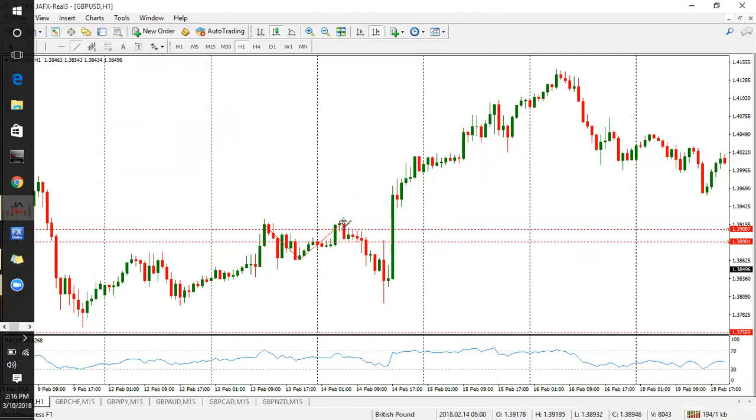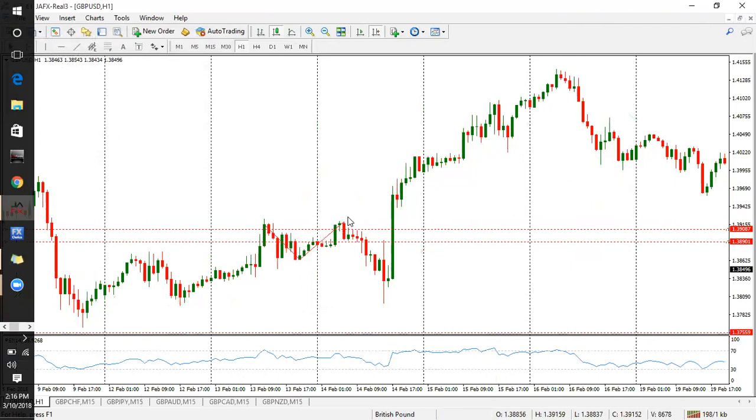At this point, the market is going up because we have consecutive higher highs and higher lows, higher high, higher low.